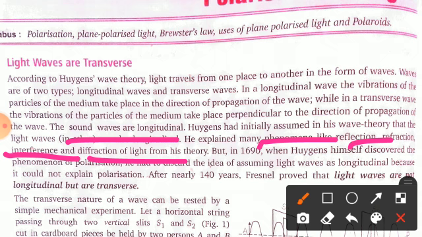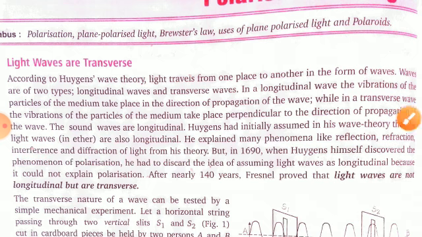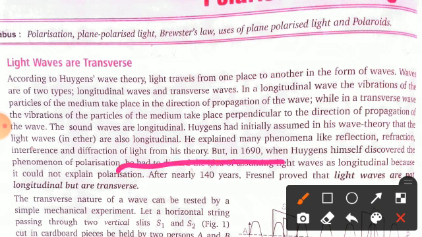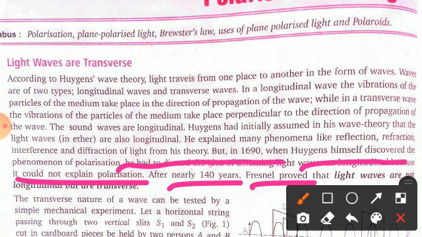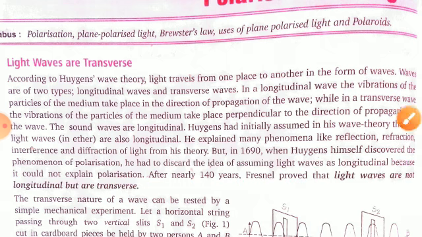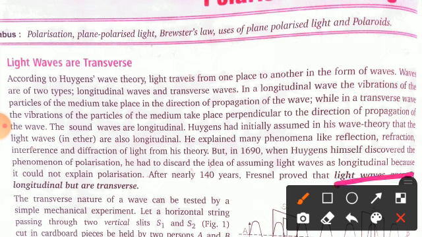But in 1690, when Huygens himself discovered the phenomenon of polarization, he had to discard the idea of assuming light waves as longitudinal because it could not explain the polarization. After nearly 140 years, Fresnel proved that light waves are not longitudinal but are transverse. So this is the important one, that light waves are transverse in nature but not longitudinal.